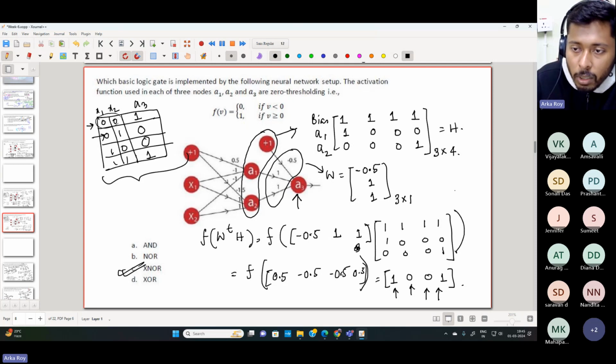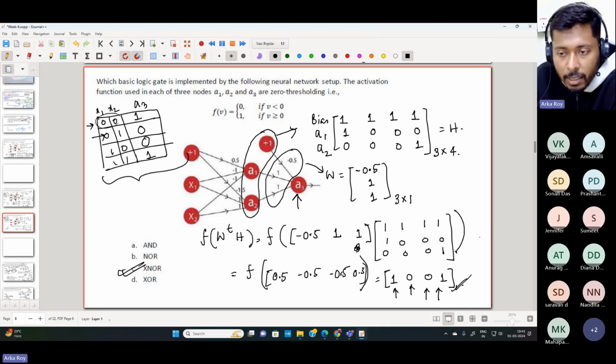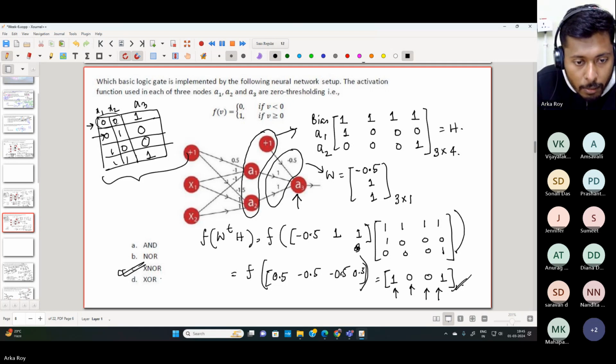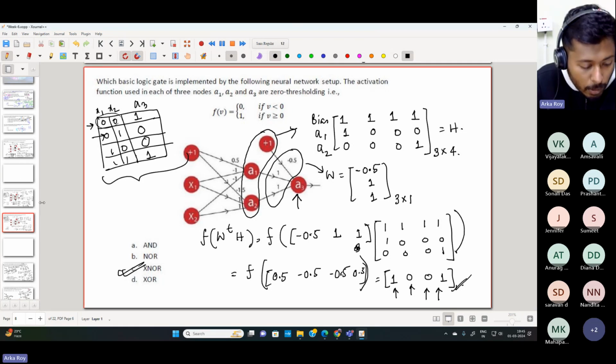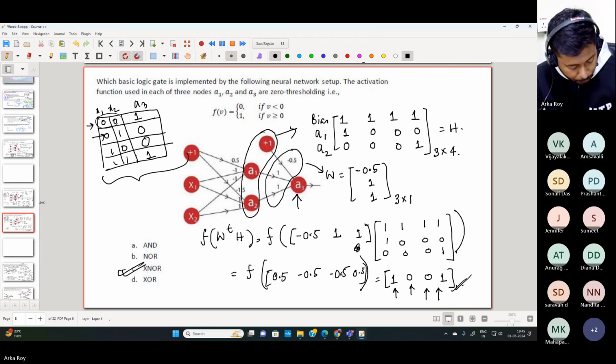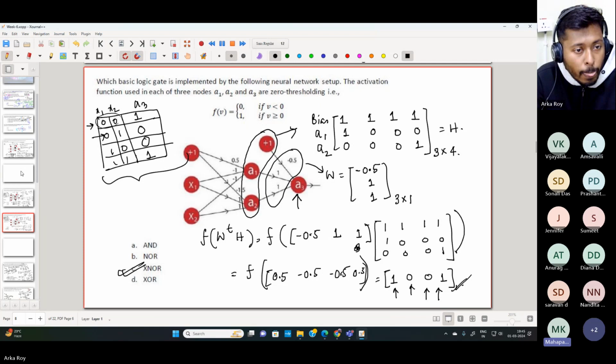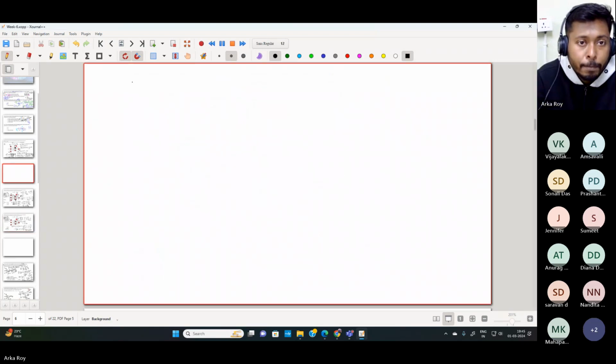Otherwise, you can do the whole thing at a single time. So all the multiplication you can consider at once, and then you can get the final output. That is what we are doing here. Okay, any confusion in this particular question? No, sir. Okay.